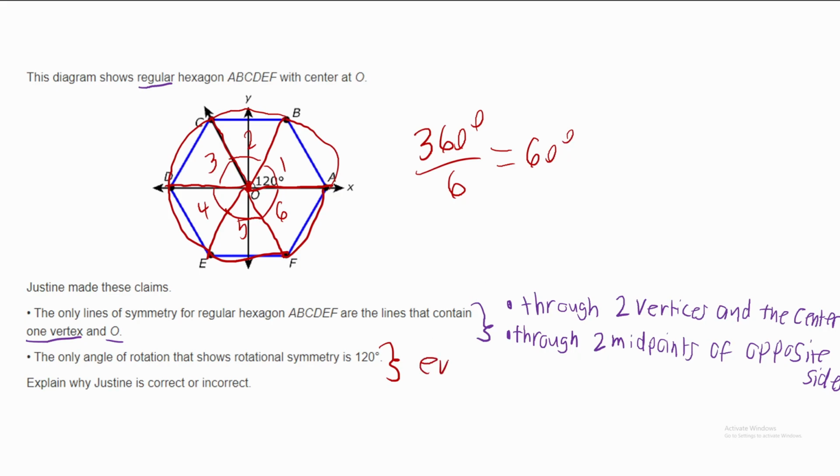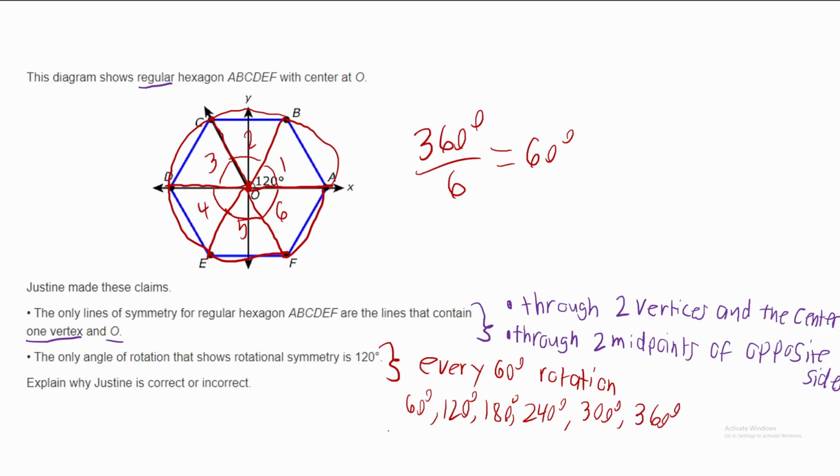So it's every 60 degree rotation, which means at 60 degrees, 120 degrees, 180 degrees, 240 degrees, 300, and of course 360. Not only at 120, it's going to give you all those. So these are all the symmetry that this regular hexagon has. We have linear symmetry and we have rotational symmetry here.